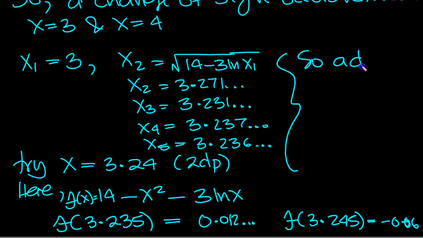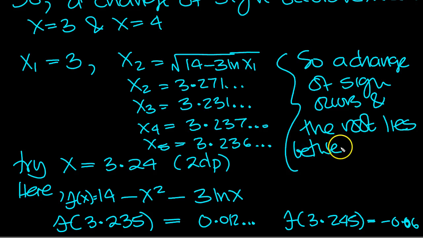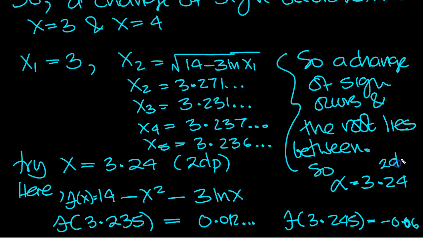So a change of sign occurs, and the root lies between. So alpha is equal to 3.24 to 2 decimal places.